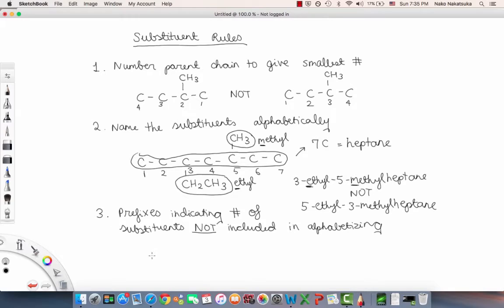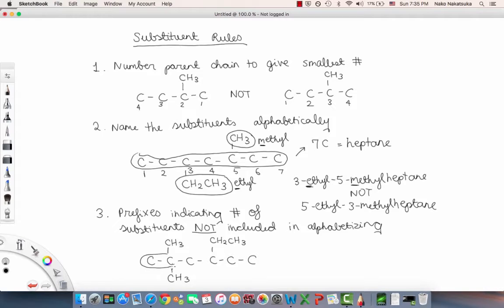So what I mean by that is, as an example, we have 1, 2, 3, 4, 5, 6 carbons. I'm going to put 2 methyl groups right here. And I'm also going to put an ethyl group right here.